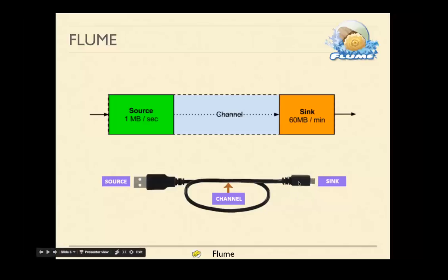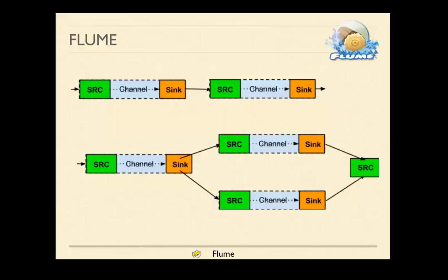The sink could be different kinds of chargers, and so on. So basically this architecture, whereby source, sink and channel can be replaced and configured, makes it possible for Flume to be very flexible.